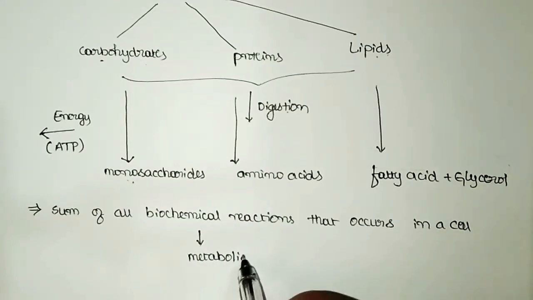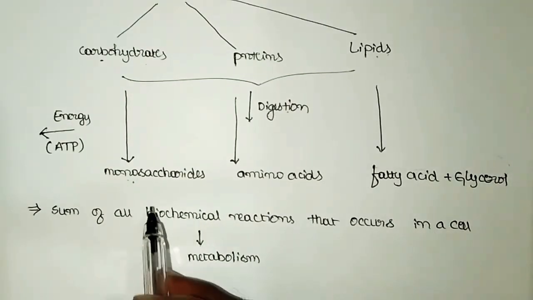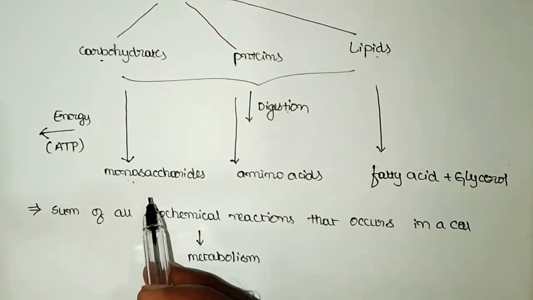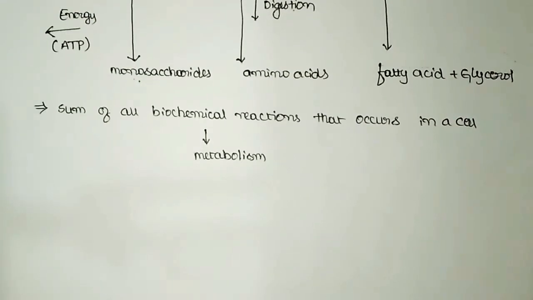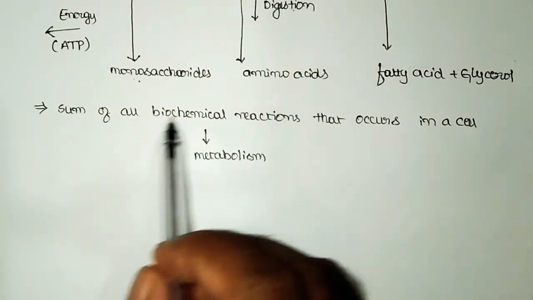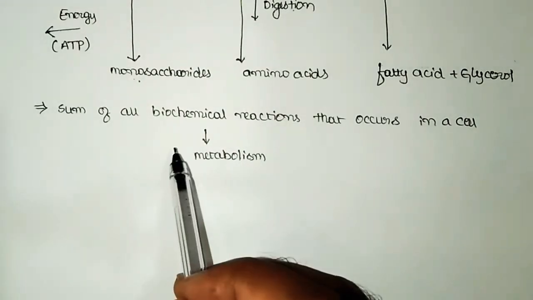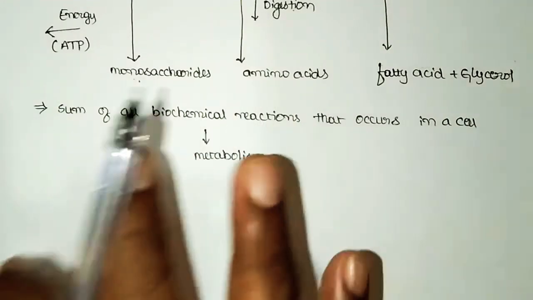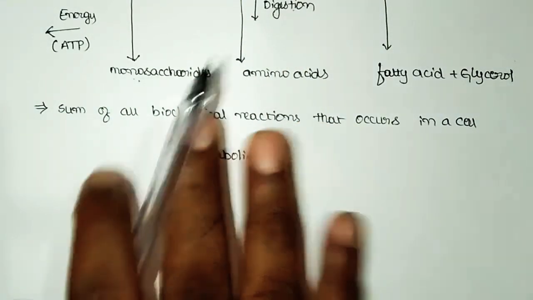You should remember, all the reactions that occur in a cell are catalyzed by a specific enzyme. And one more thing you should remember, whatever the enzymatic or catalytic reactions, that is, strictly speaking, biochemical reactions, that occur in a cell will occur in a very rapid way under very mild conditions only.